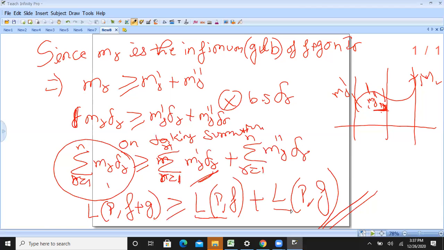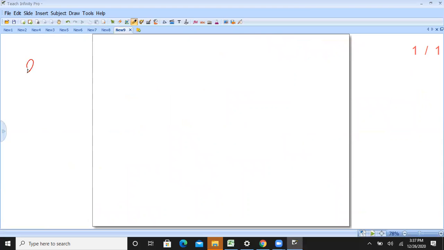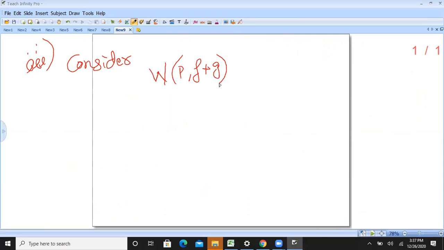Okay, so next, as usual, lastly the third term, consider W(P, f plus g) is equal to U(P, f plus g) minus L(P, f plus g).